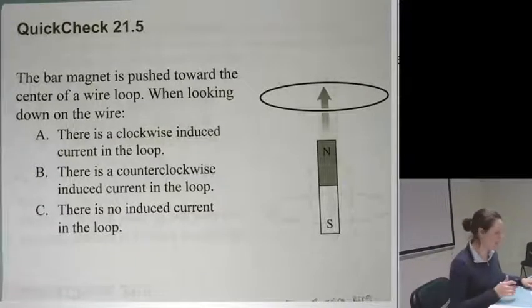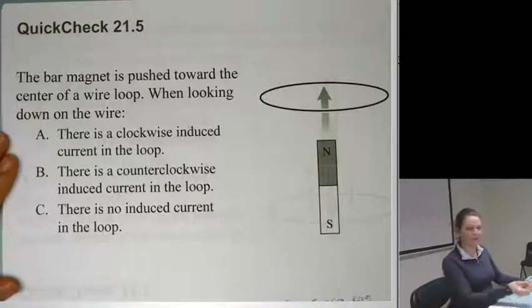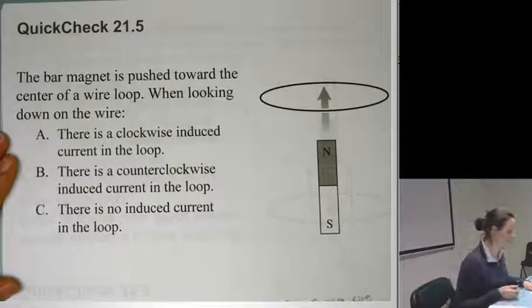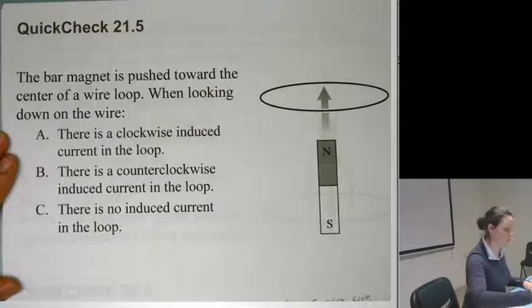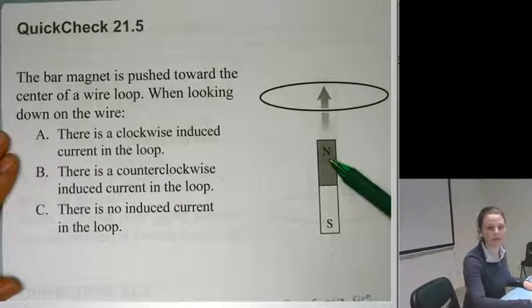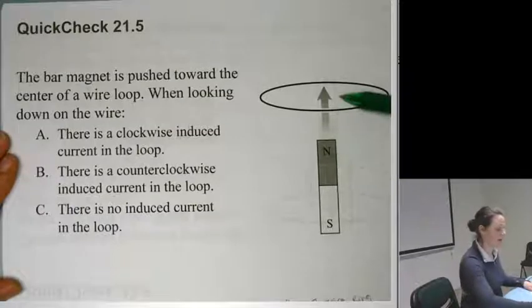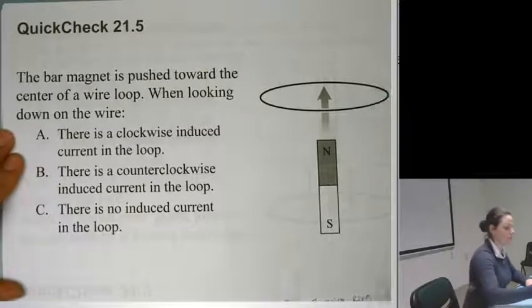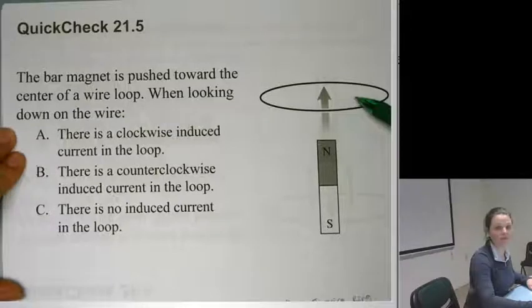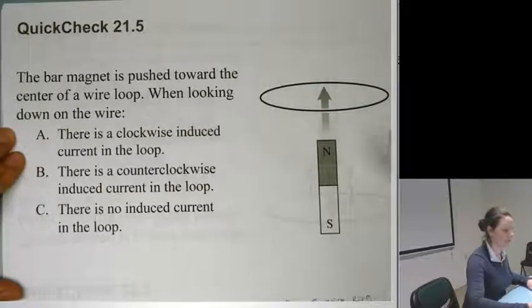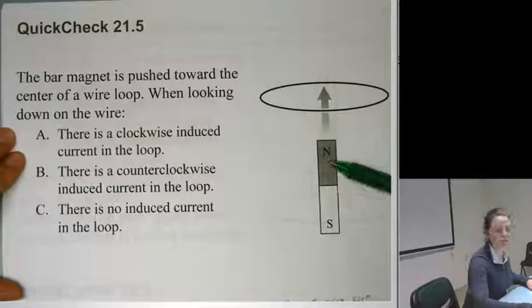So what I have here is a very similar setup. So now I'm going to keep doing my green for the external fields. So the magnet is moving up, so the external field must be getting stronger in the vicinity of the loop. And I also know that magnetic fields always point out of north poles.